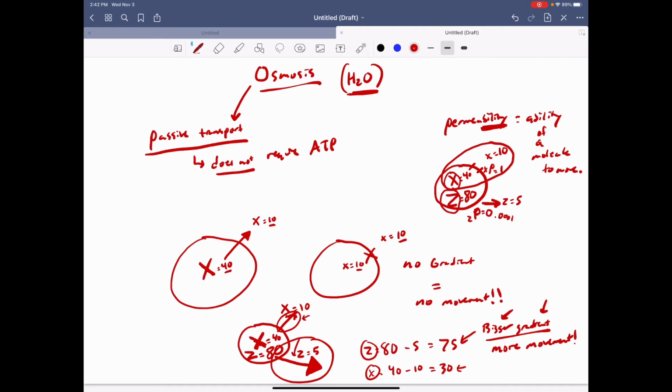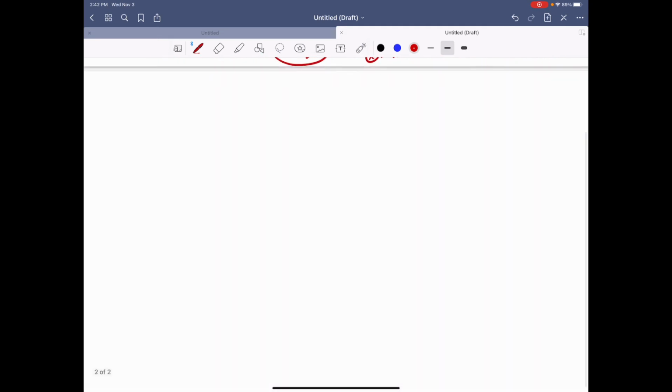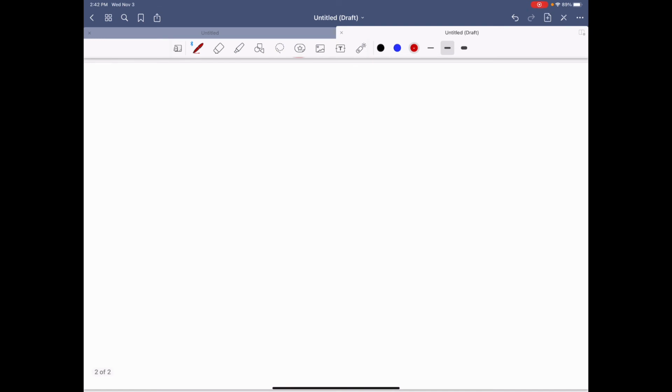So why did I just show you guys that, right? Why did I show you the importance of those gradients? Well, that's going to help us understand osmosis, okay? So if we go here to osmosis, we're talking about the movement of water, okay?